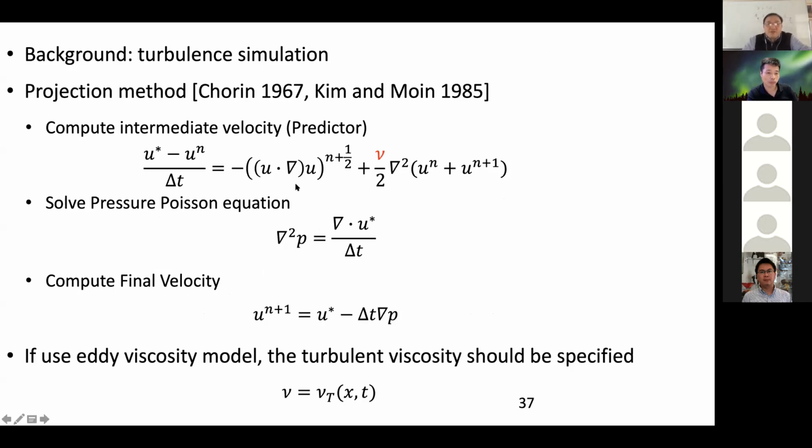Actually, I think I should have shown these slides earlier. It's about the projection method. The fluid solver we use for parachute simulation is an incompressible fluid solver. This is because the speed of the parachute compared to the sound speed of the air is much smaller, especially when you are in the descent phase.